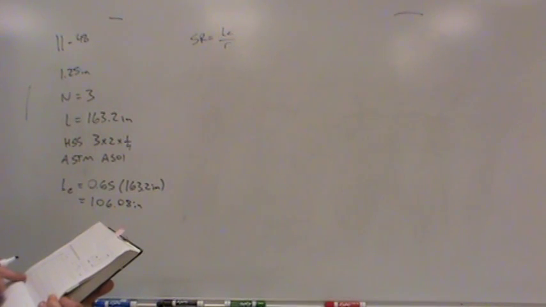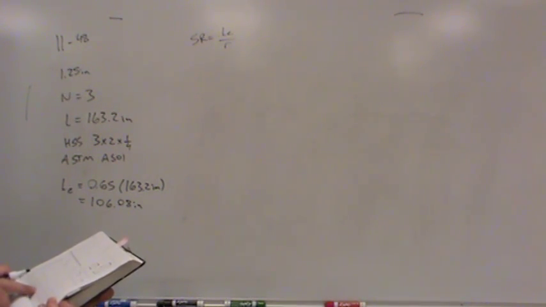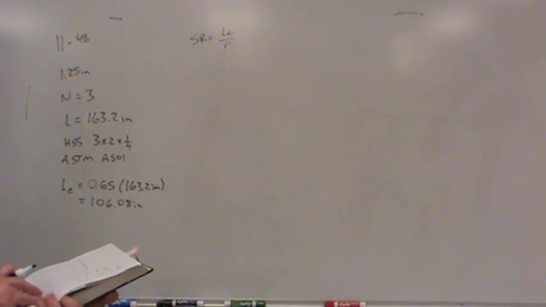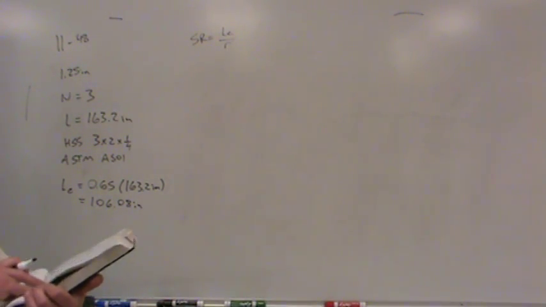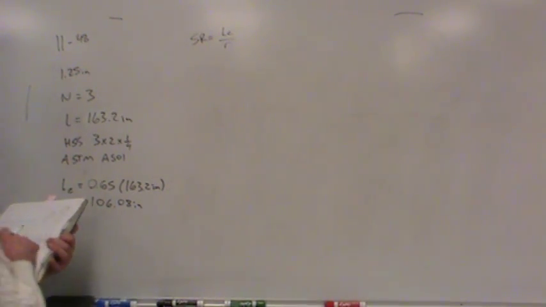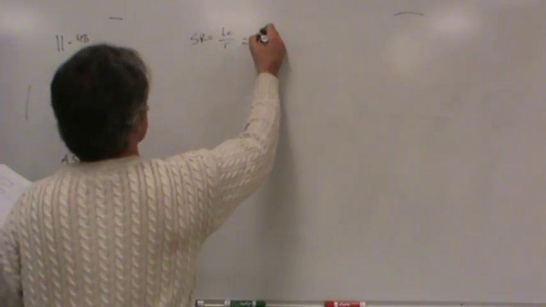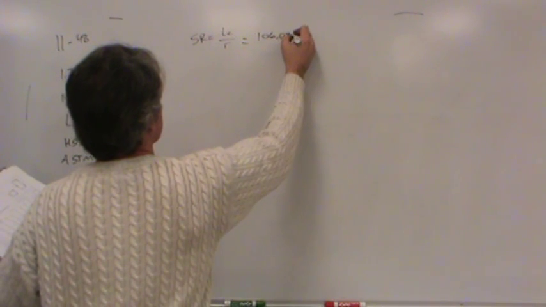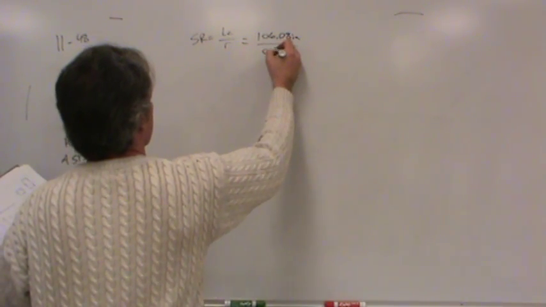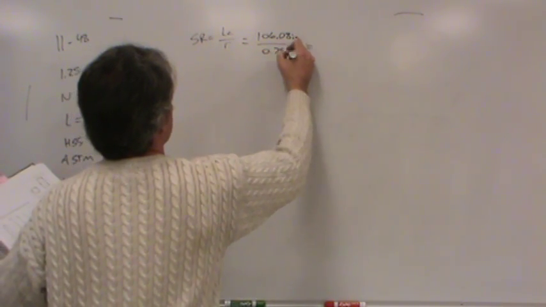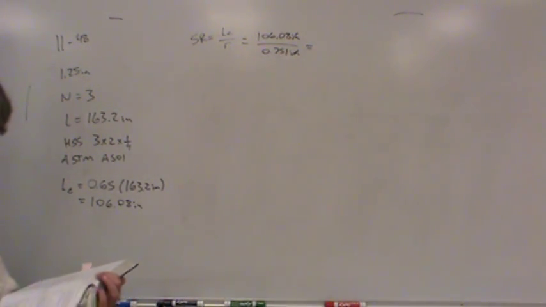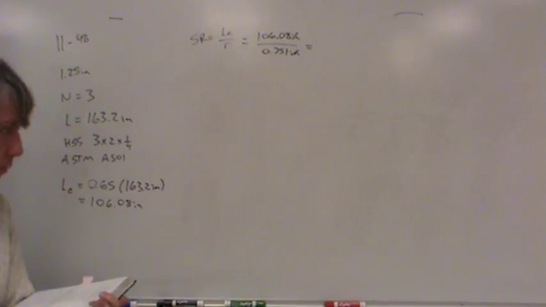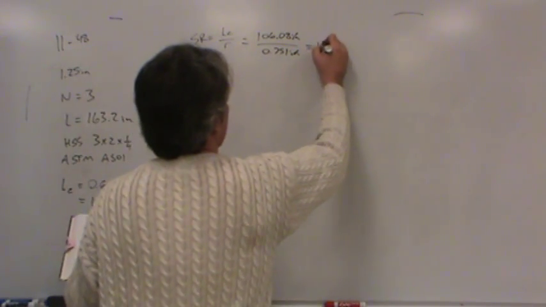So on row N, the minimum radius of gyration is 0.751 inches. Everybody see that on page 704? Okay, so 0.751. So please plug that into your calculator and tell me the slenderness ratio. 141.25.